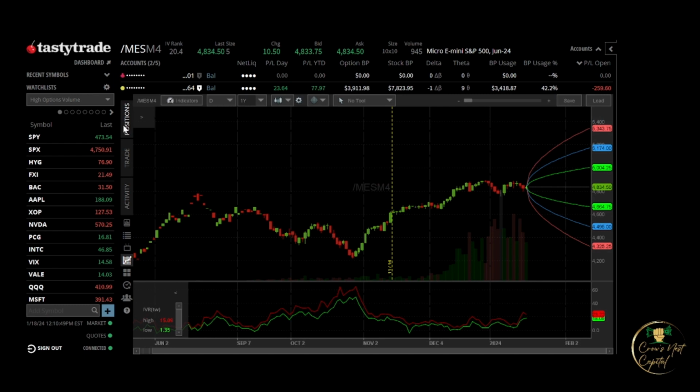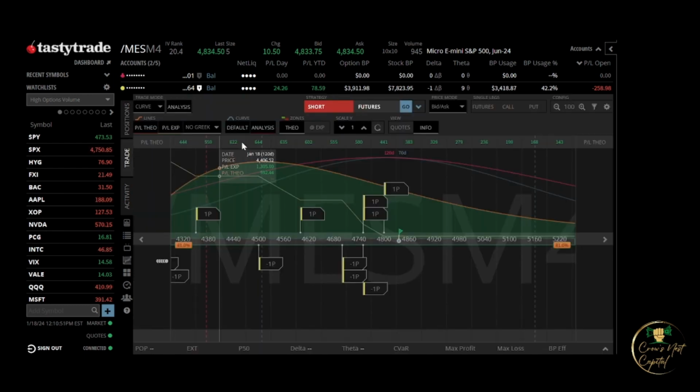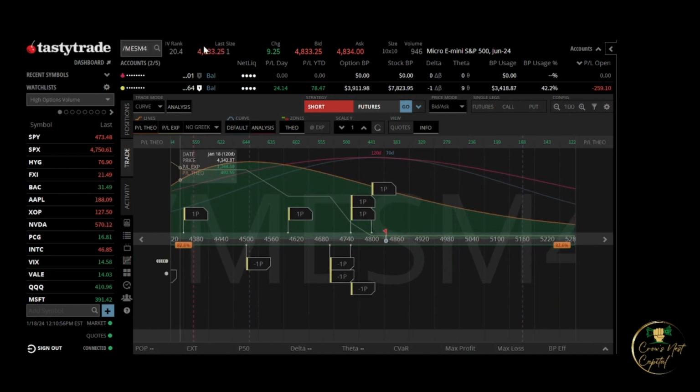So let's go to the Analyze tab and kind of look at where we're set up here. So this is the M cycle around 4,500, 4,600. That's where we're getting at our hump in our Analyze tab here.